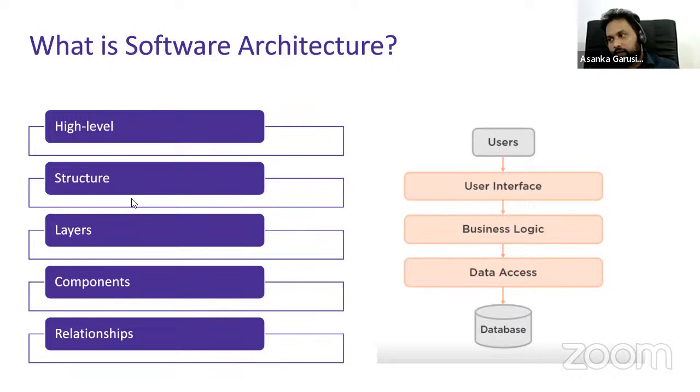On the left side, I mentioned some of the areas that relate to software architecture. And on the right side, you can see a diagram that everyone knows, the 3-tier architecture, right? Most developers have had experience with 3-tier architecture, and it could be an n-tier architecture.